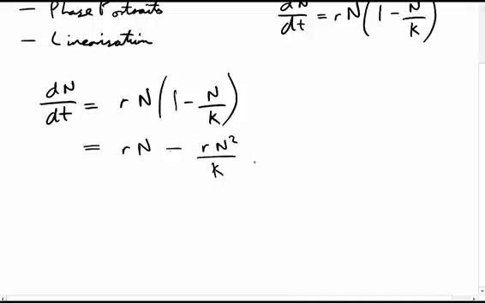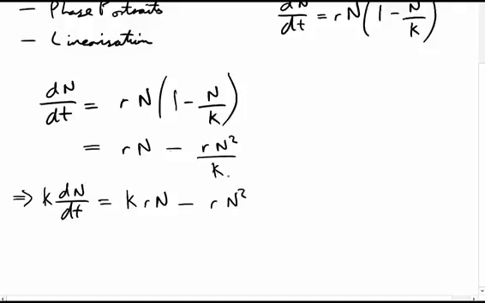Now, whenever I see a fraction, I always try to get rid of it, and the way to do that here is to multiply through by k. So I end up with k dn by dt, because I have to multiply every term, equals kRn minus Rn squared.